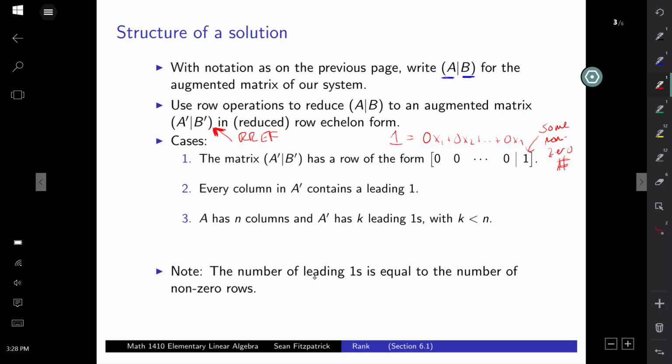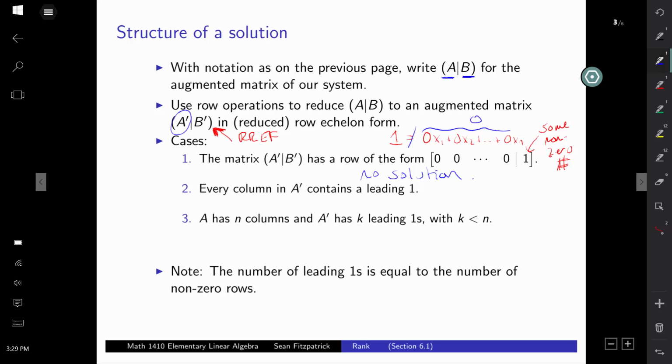But we know that's impossible, because this is just 0. 0 cannot equal 1, so there are no choices for the variables that are going to make 0 equal to 1. And so this is the case of no solution.